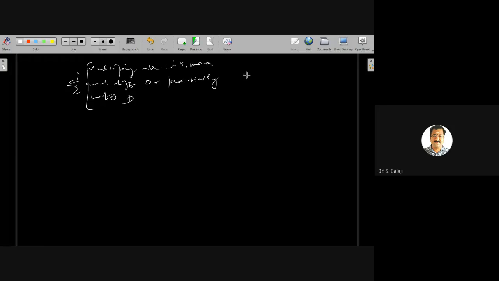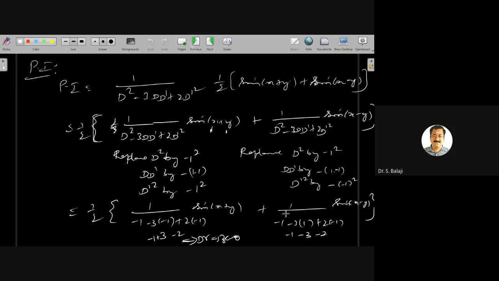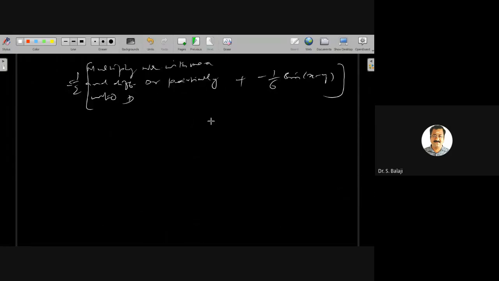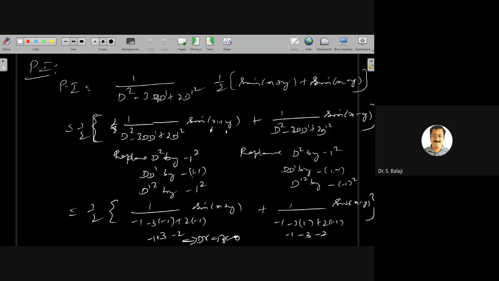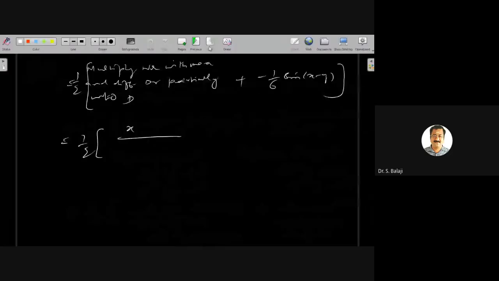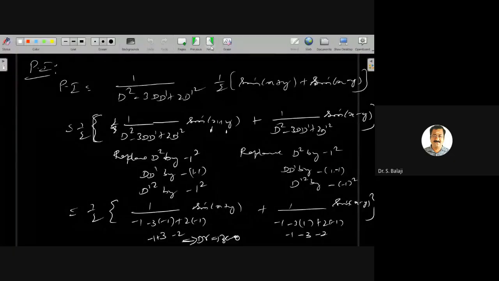Here, 1 by 2 of x times 1 by (2D minus 3D dash), partially with respect to D, and D dash is treated as constant. With D equal to 1 and D dash equal to 1, 2D minus 3D dash gives 2 minus 3, which is minus 1, so we get sin(x plus y) with x multiplied. And for the second term, minus 1 by 6 sin(x minus y).